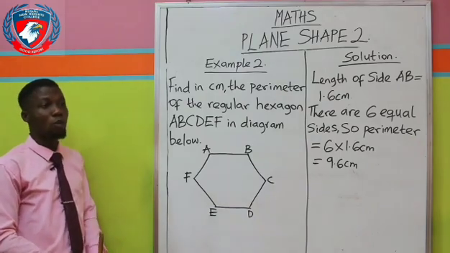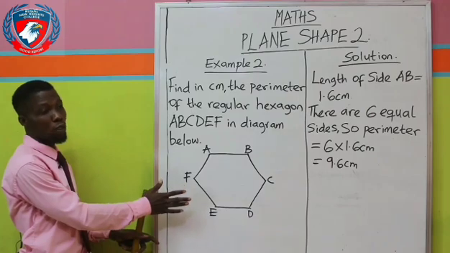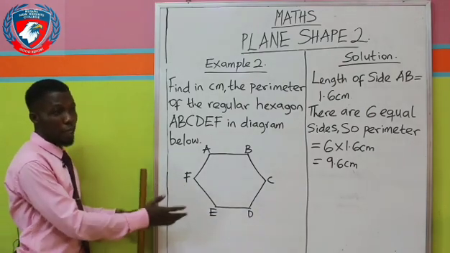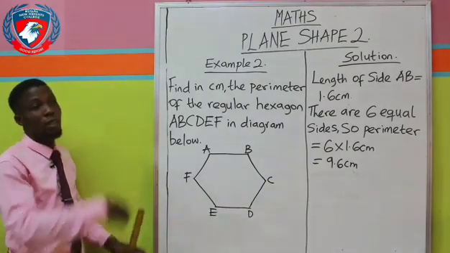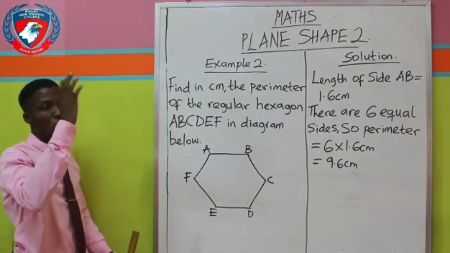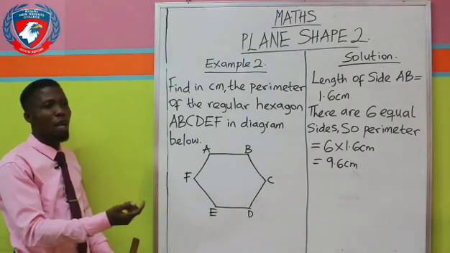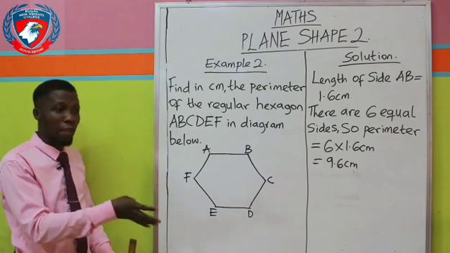Let me explain polygon before I move on to this diagram. We have plane shapes when we talk about a triangle. Then polygon starts with 3 angles upward, that is 3 angles and 3 sides. We have a quadrilateral, a pentagon, a hexagon, heptagon, octagon, down to decagon.